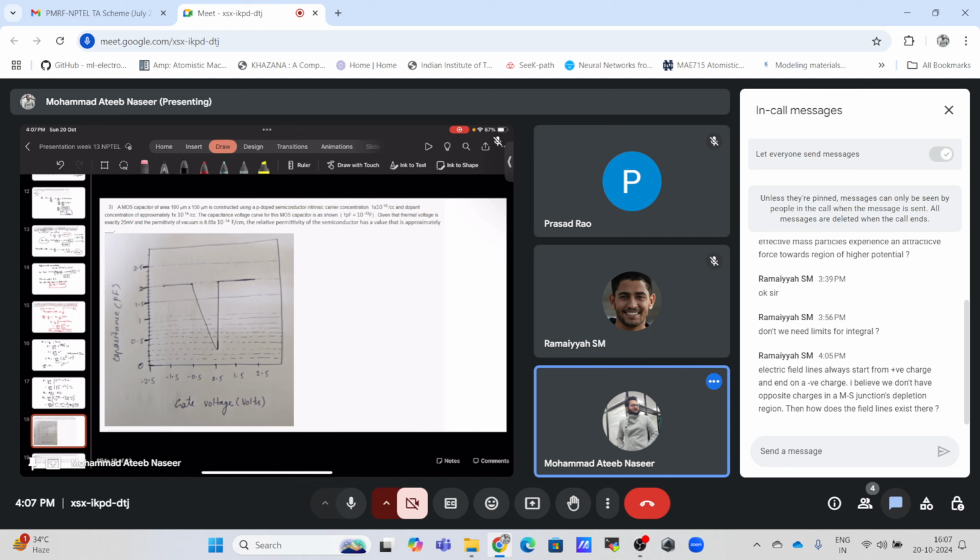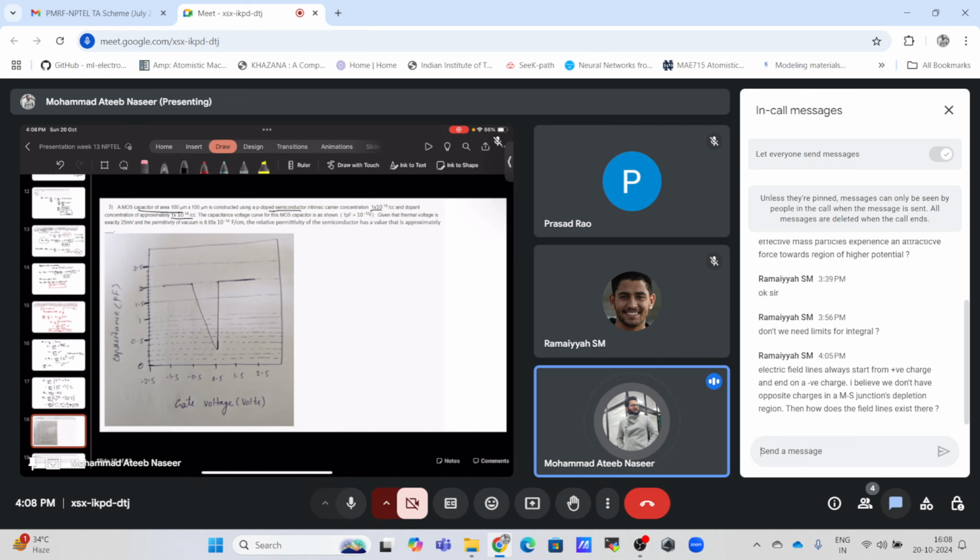So this is a MOSCAP problem. I guess we have done a lot of MOSCAP problems, so let us recap. This CV curve is for this MOSCAP with an area of 100 micrometers by 100 micrometers, and we have this p doped semiconductor with an intrinsic concentration of 10 to the power of 10 and dopant concentration of 10 to the power of 14.